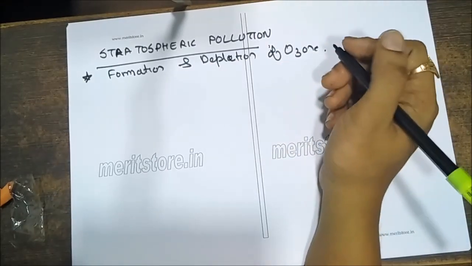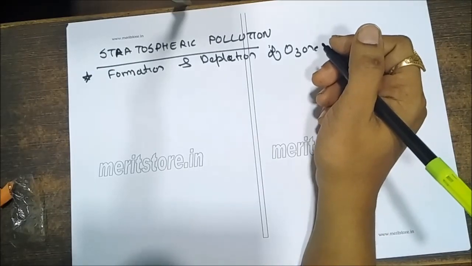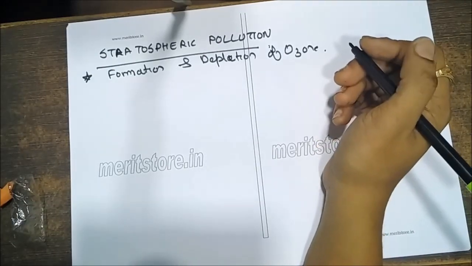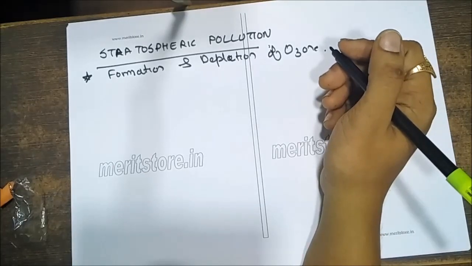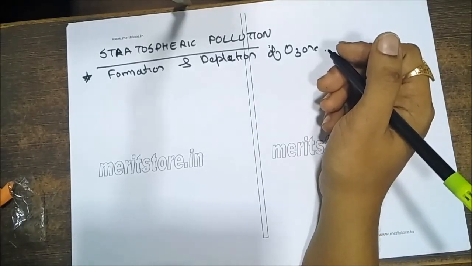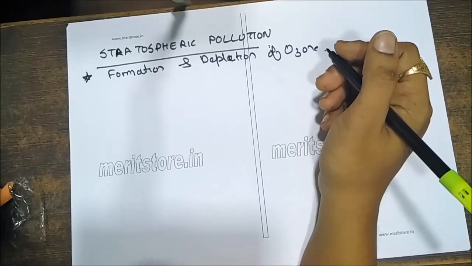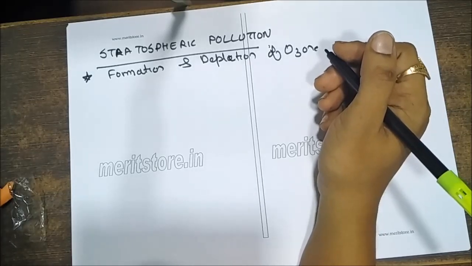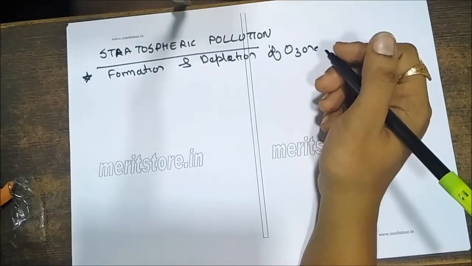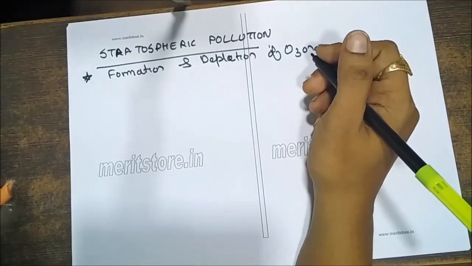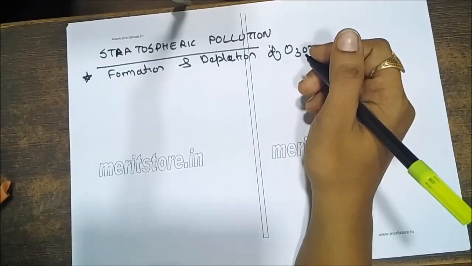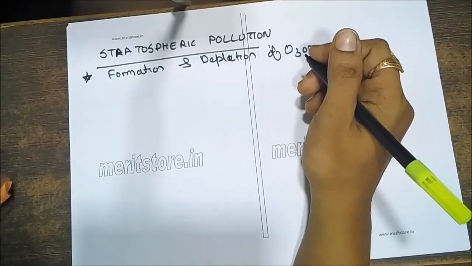Now we all know that Earth is protected by a blanket of ozone which prevents the harmful UV radiations from reaching the Earth. These UV radiations, if they reach Earth, can have adverse effects on DNA. It can lead to genetic malformation. It can also lead to skin cancer. It can lead to irritation, and hence usage of sunscreen has increased in today's era.